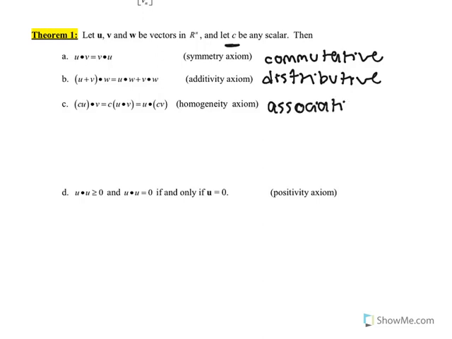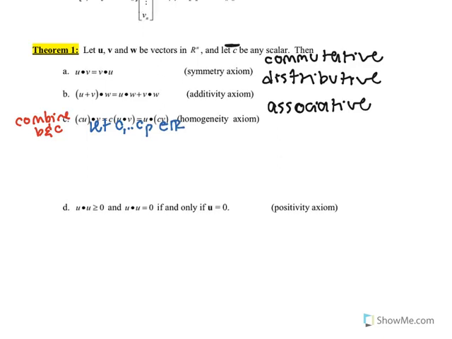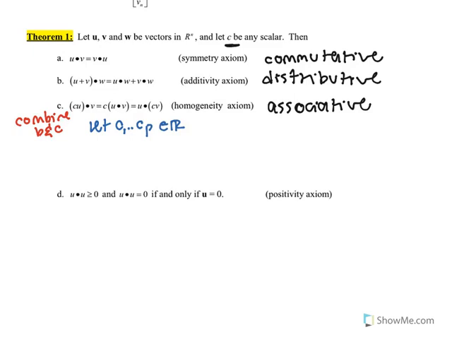But I left some extra room here because I want to combine b and c. We'll need this a little bit later. So the idea is, let c1 through cp be constants, and u1 through up be vectors.